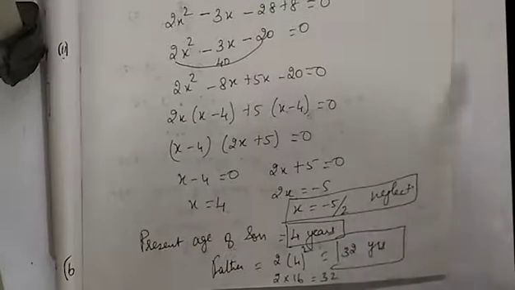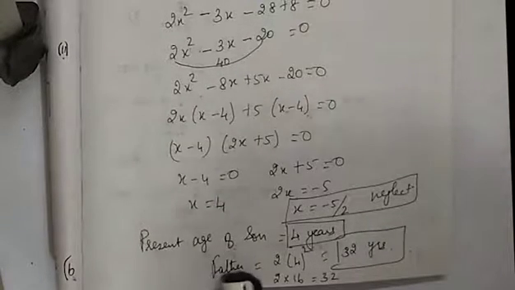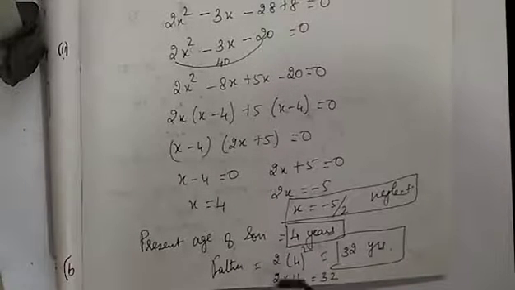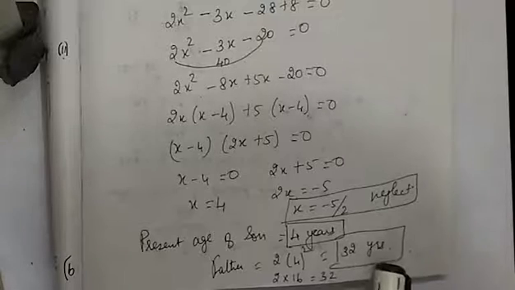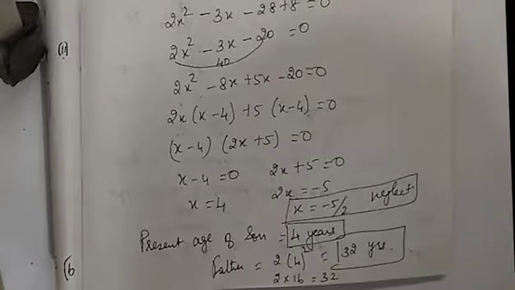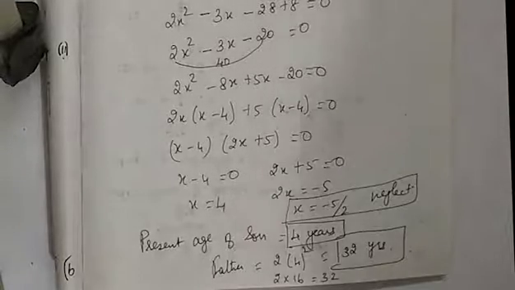Neglect the negative one and write present age of the son is 4 years and father's age 2 into 4 square, that is 16 twos are 32 years. Son's age is 4 years and father's age is 32 years.